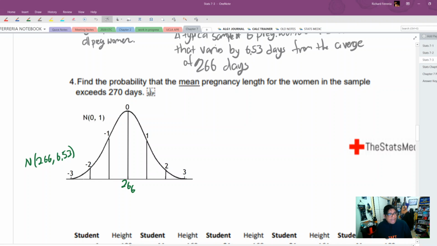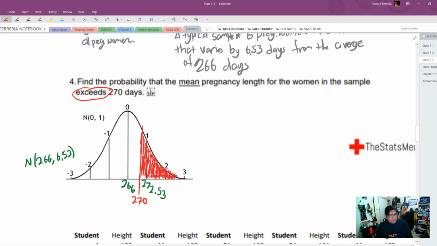And if we add 6.53, we get 272.53 at the 1 standard deviation mark, which means that our 270 should be somewhere between a z-score of 0 and a z-score of 1. I'll mark an approximate location for 270, and we're looking at exceeding 270, so we're going to shade above 270.